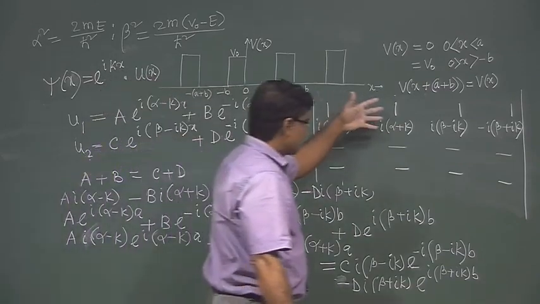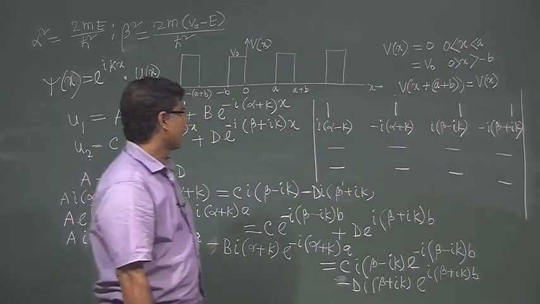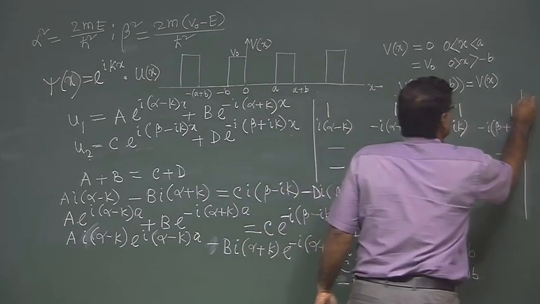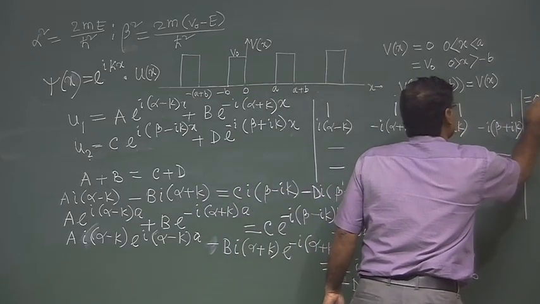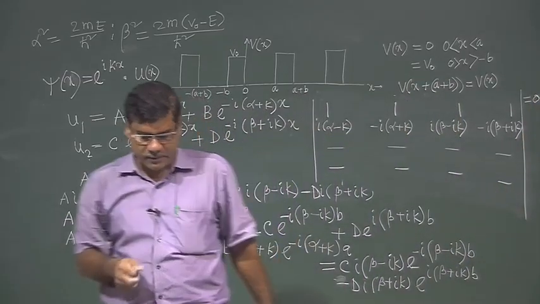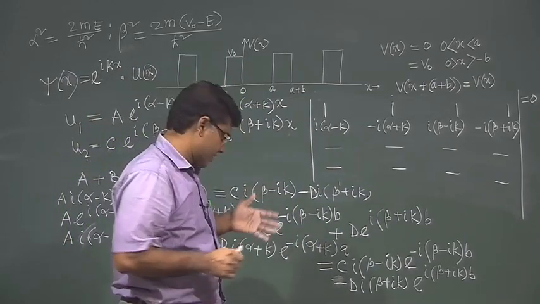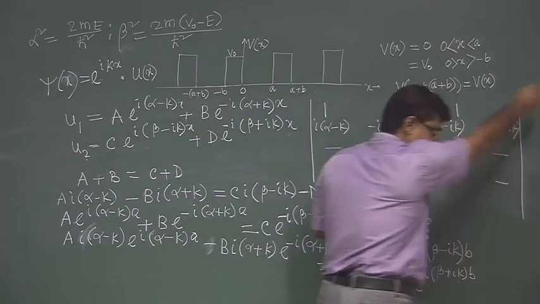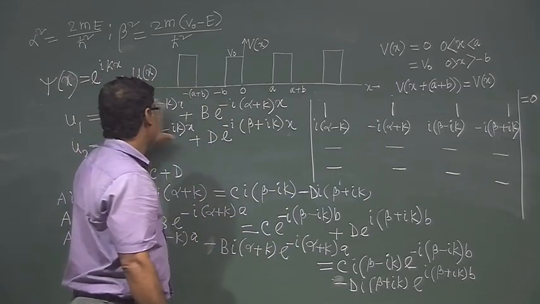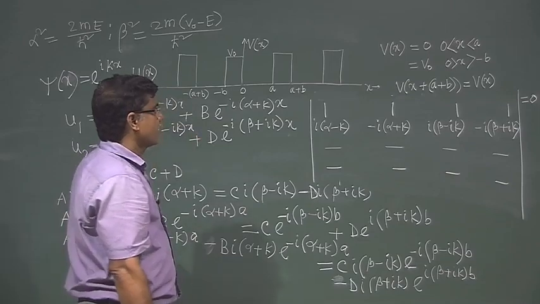Okay. So now the condition is, when you use the determinant, if this determinant is equal to 0, means this determinant vanishes, then it will give non-vanishing coefficients and the corresponding wave function will be obtained.